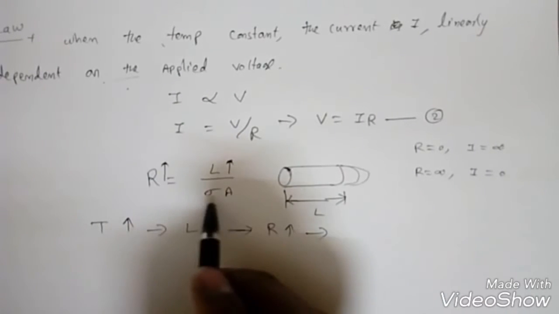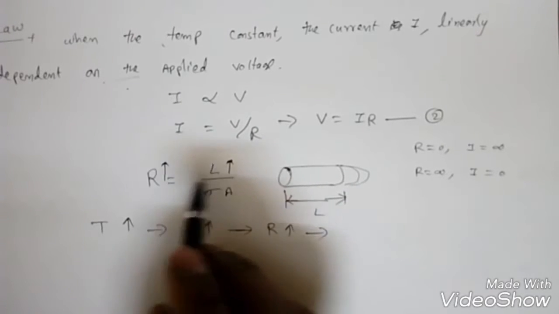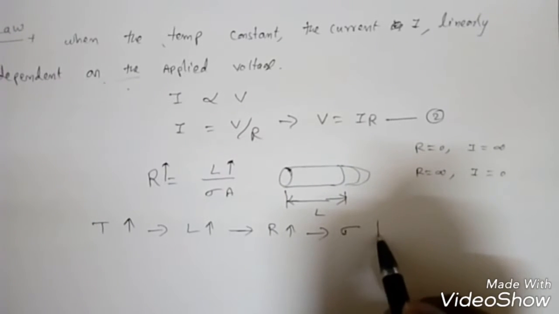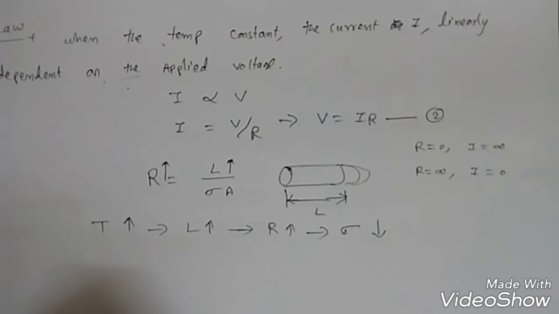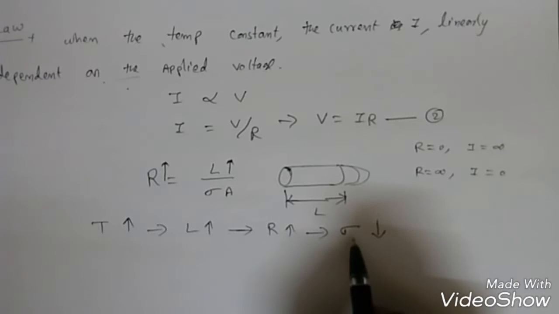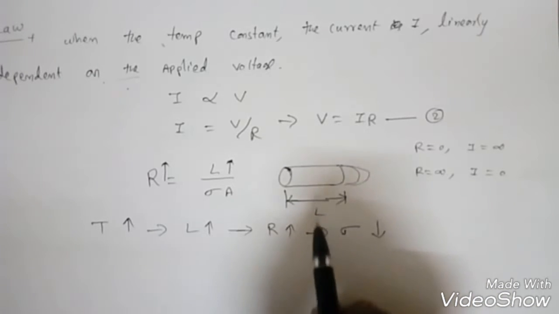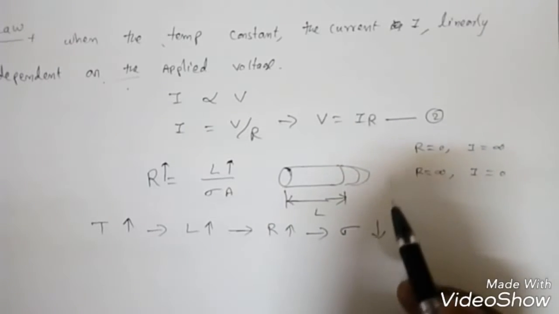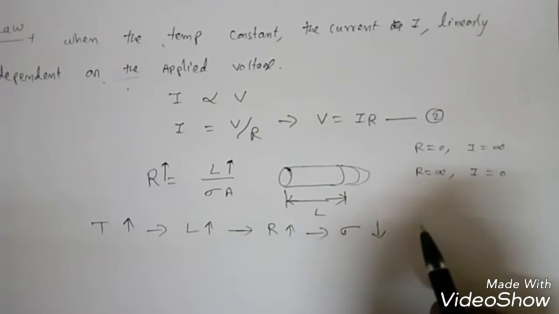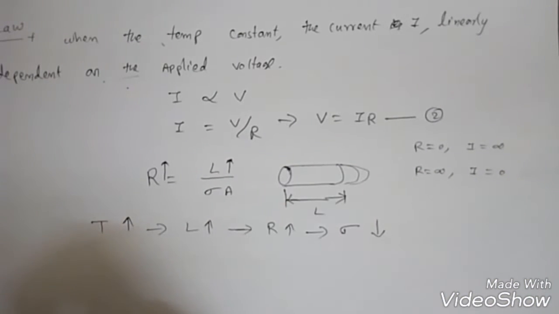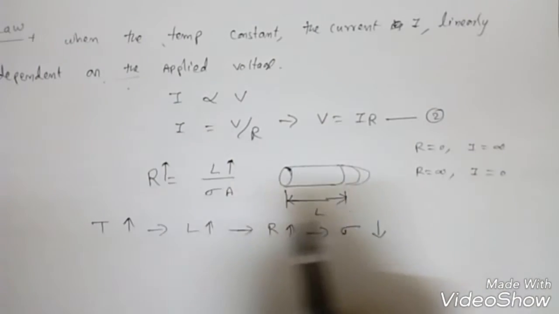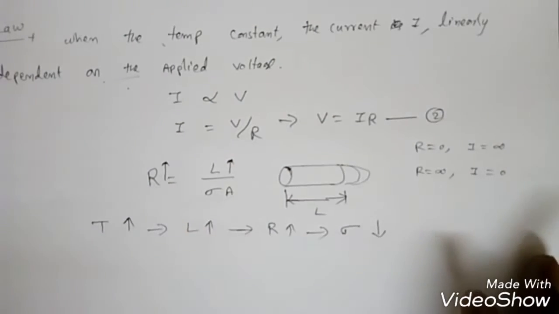When resistance is increasing, from this expression, sigma, the conductivity, will decrease, right? When conductivity is decreasing, the current will slightly decrease. So the conduction property will go on decreasing, and the current will become almost negligible when a very high resistance value is there. This is a property we need to remember, right?